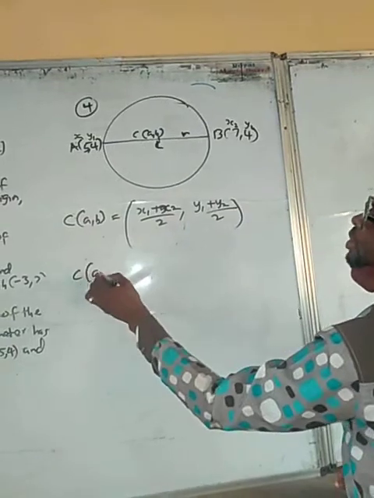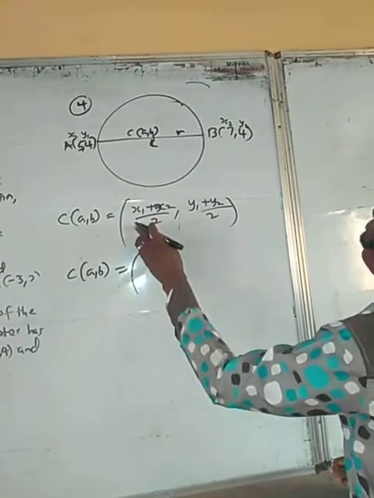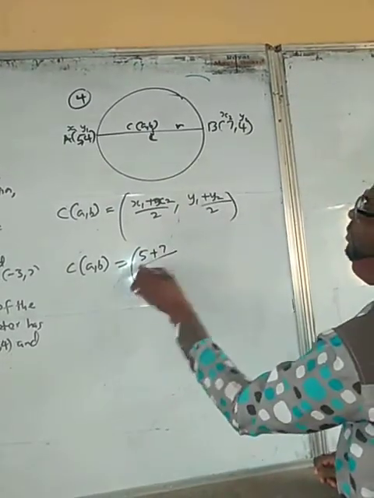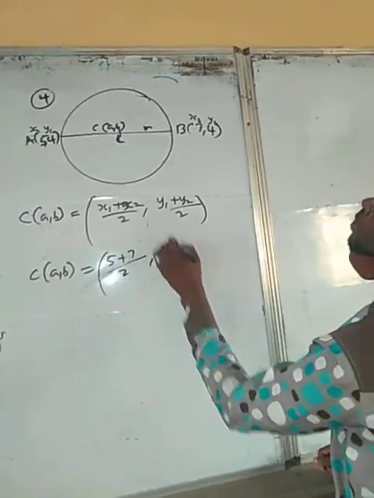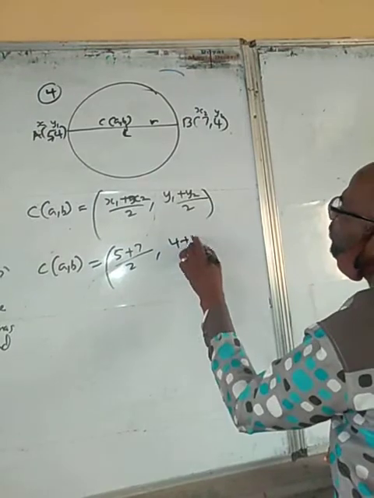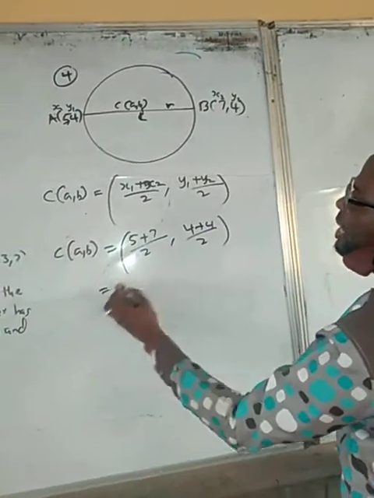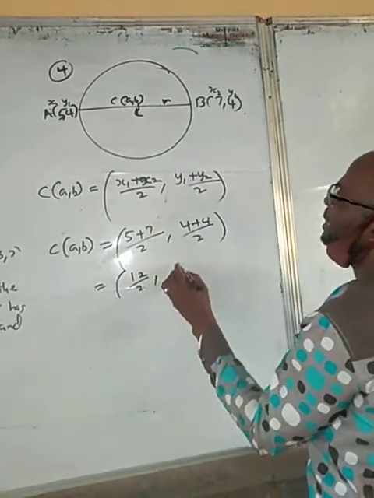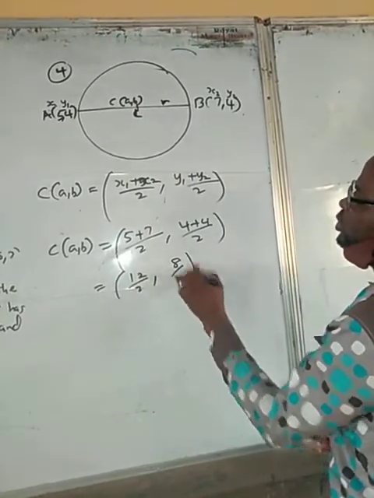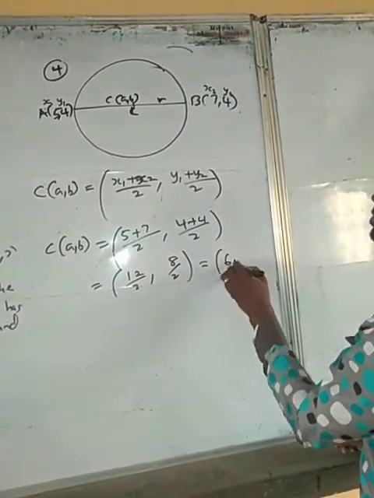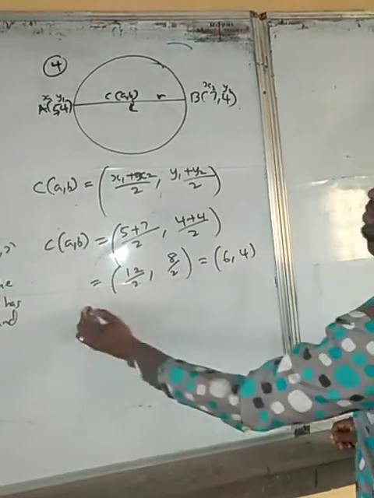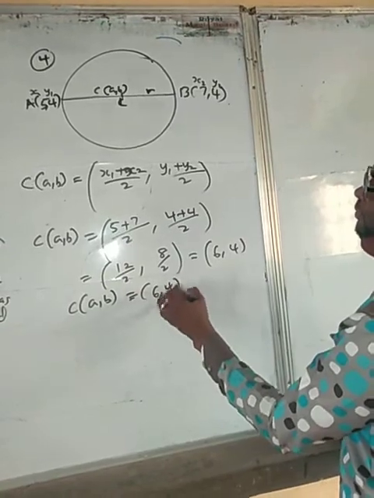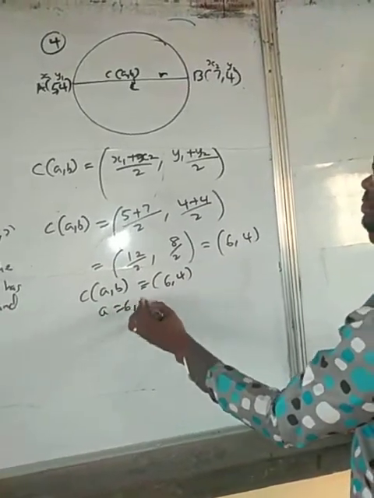So (a, b) is equal to x1 is 5 plus x2 is 7 over 2, y1 is 4, y2 is also 4 over 2. So we have 5 plus 7, 12 over 2, comma 4 plus 4, 8 over 2. 2 in 12 is 6, comma 2 in 8 is 4. So the coordinate point at the center is 6, comma 4. So a is 6, b is 4.